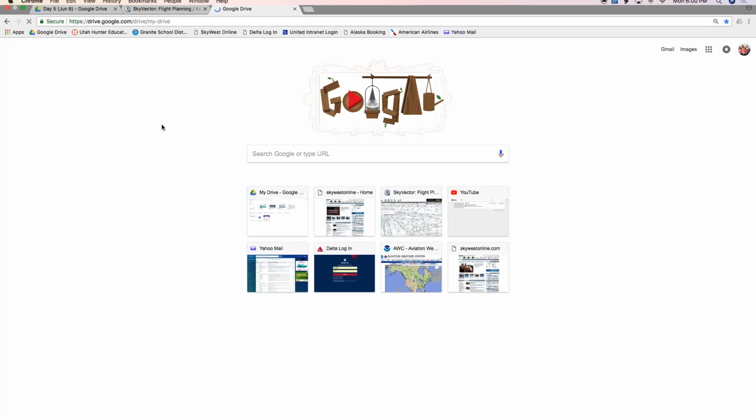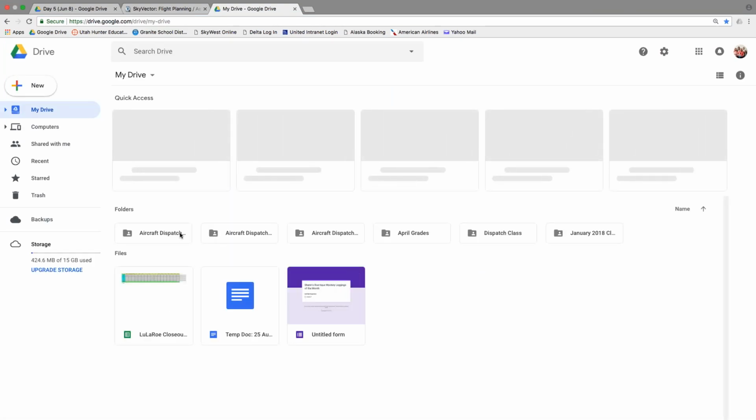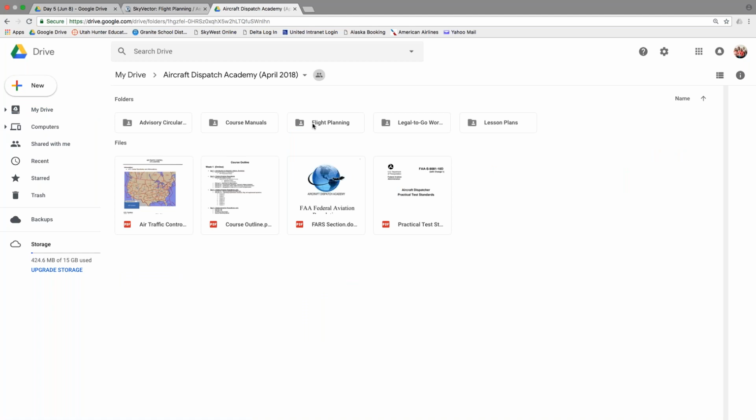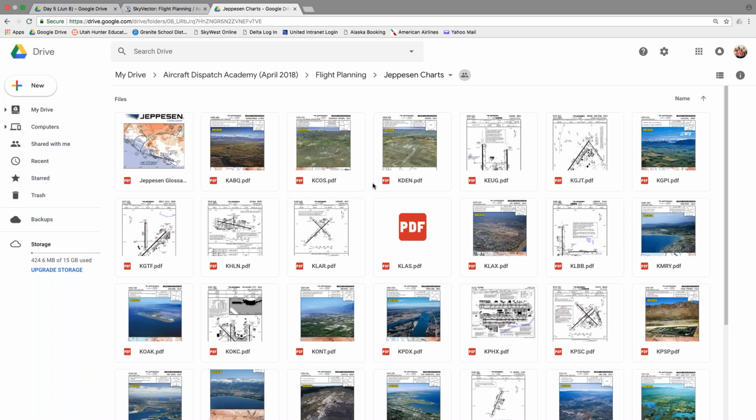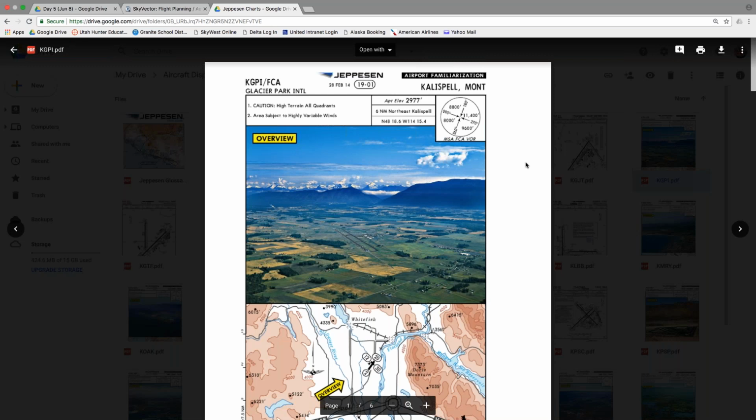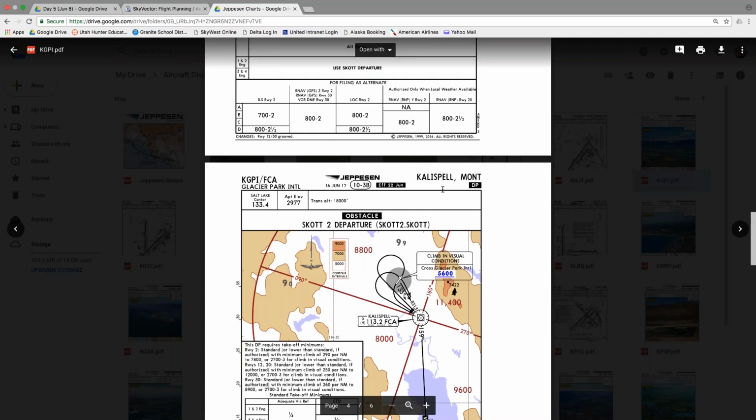Just to verify that everything's kosher here, I look here at my NOTAMs and I go, oh, GPI, the nav. Okay, so the SAK NDB is out of service. I'm going to quickly look at my Jeppesen chart here and see if my approach into the airport requires that NDB. Okay.